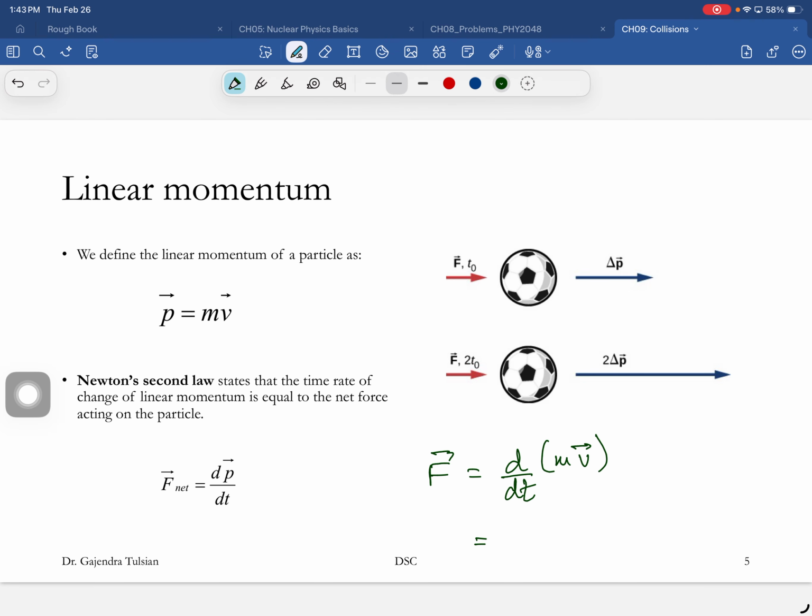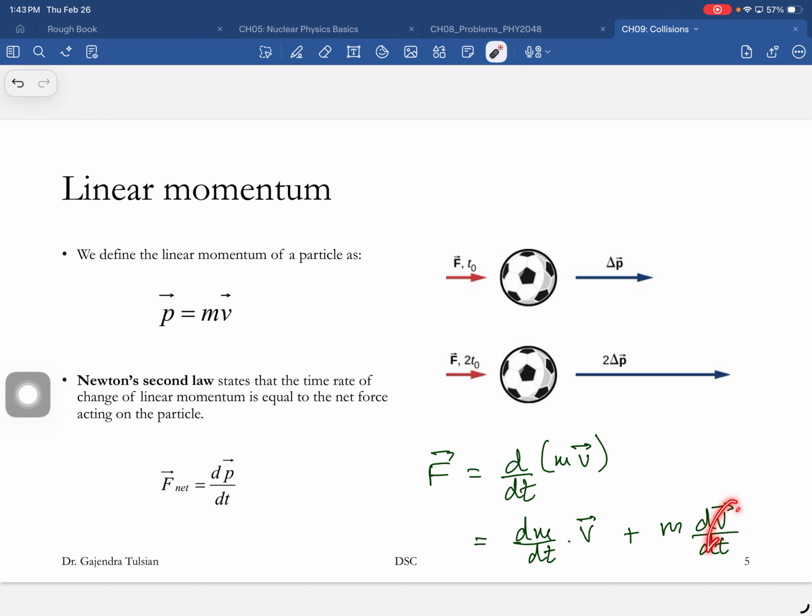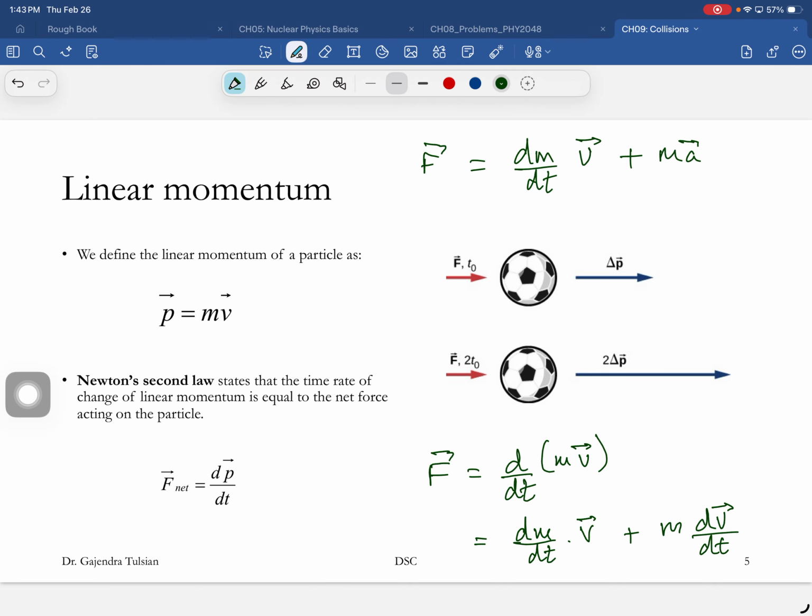We'll use the chain rule: dm by dt times velocity plus m times dv by dt. What is dv by dt? Acceleration. So force is dm by dt times v plus m times a.